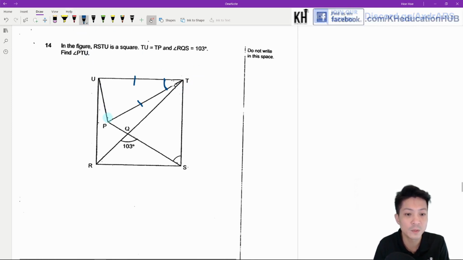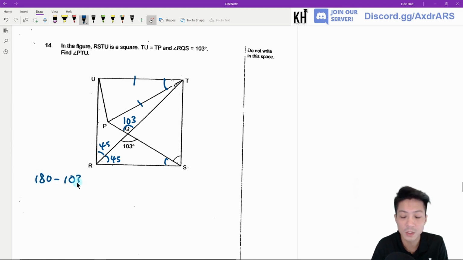Let's try to find whatever that we can. Okay, I know that this is 45, and I know that this whole thing is 45. Okay, so this is also 103 because of vertically opposite angles. Okay, I know that this angle over here is 180 minus 103 minus 45.